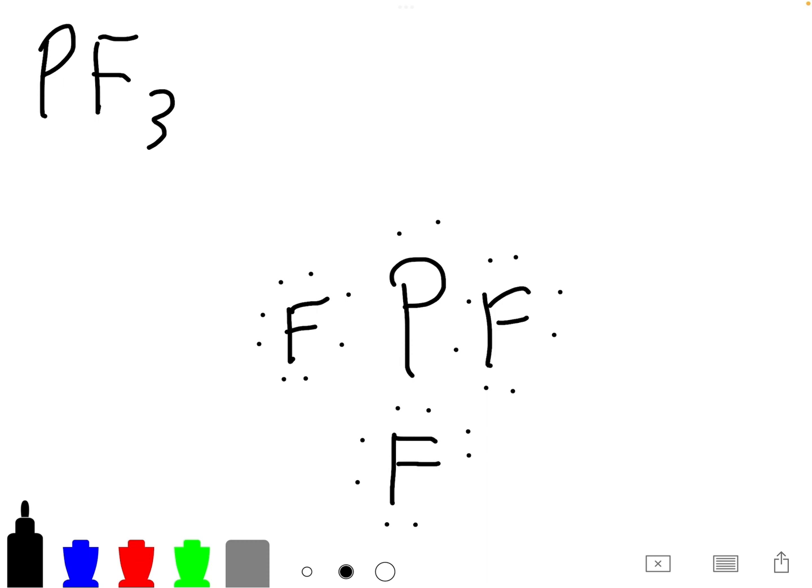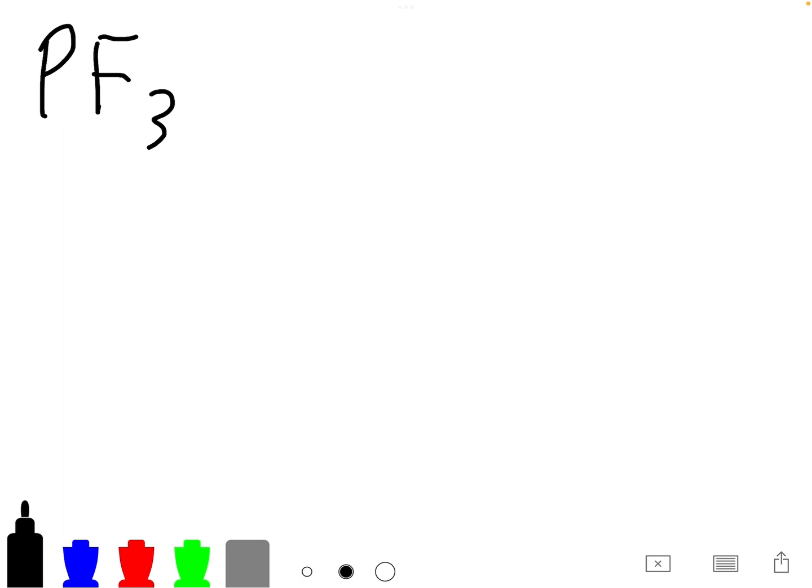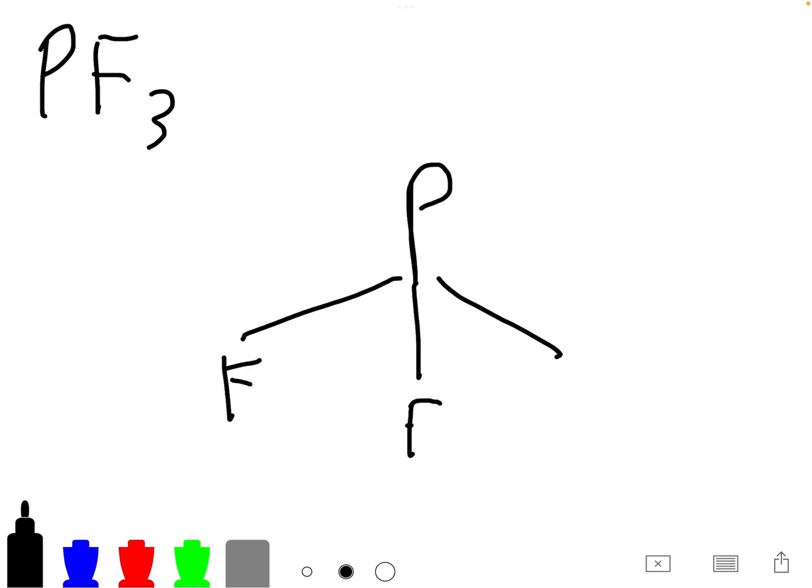It's pretty simple. You could have done it way more easily than I did. So there's phosphorus in the middle, and then there's 1, 2, 3 fluorine coming off of it, so it is a pyramid geometry wise.